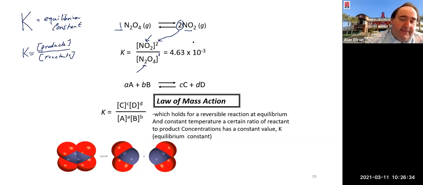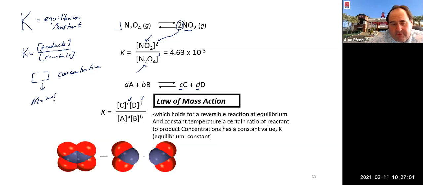What is this one sometimes referred to in general? If you have this general reaction, products over reactants, our coefficients in the balanced equation become the exponents. A reminder as well that when we see these brackets, that does mean concentration, and usually that means molarity, which is moles per liter.